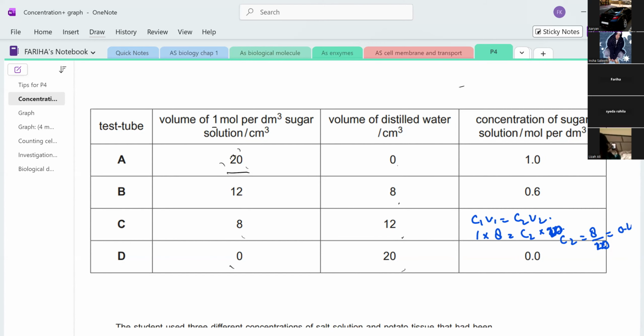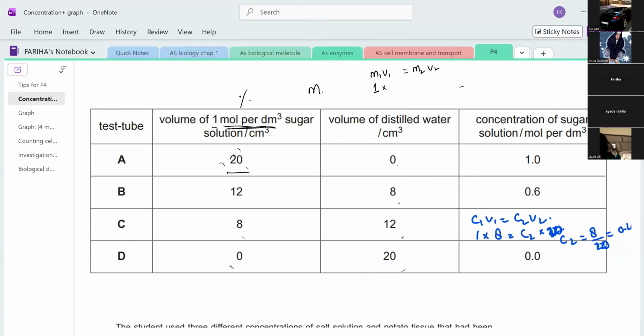Always look for this unit or percentage in order to look for the concentration. Whenever you want to see the concentration, you need to look for these units, either percentage, mole per dm cube, or molar, simple capital M. So 1 mole per dm cube sugar solution. So this should be M1 or M2? M1, very good. So stock solution's concentration will always be M1.